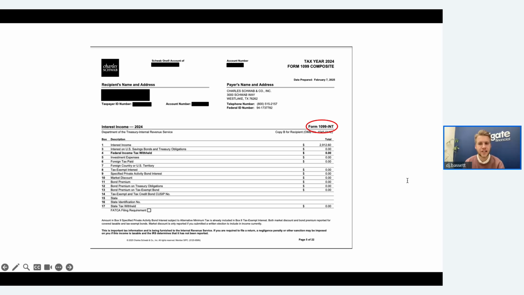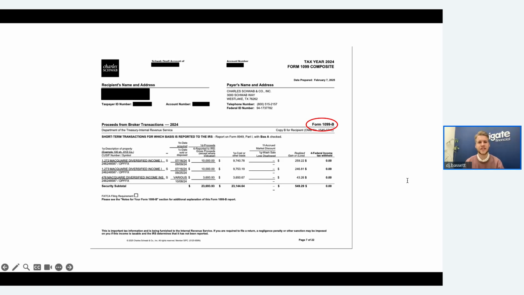If you're in a higher tax bracket, feel free to reach out to us. We can look into that as an option for you to receive interest income in a way that would be tax free. So in a taxable account, not as much of a benefit if you have an IRA, because you're already in a tax deferred environment, so it grows tax deferred there. So in this, we're talking taxable accounts here.